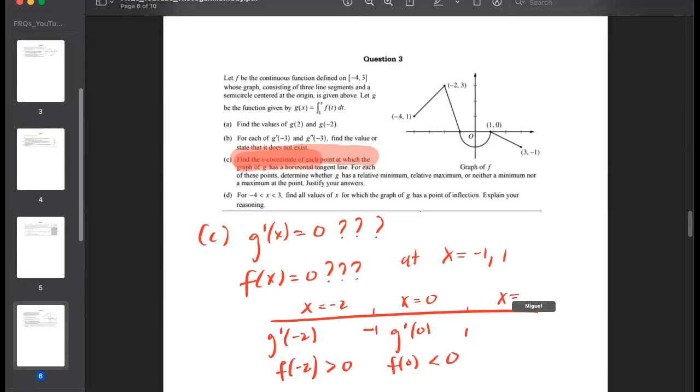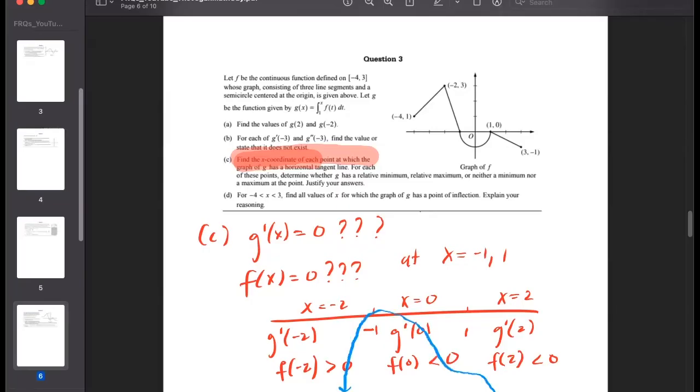And then to the right, I'm going to plug in 2. I'm looking for G prime of 2, which is the same thing as f of 2, and on the graph, this is negative. So it looks like G is increasing, decreasing, and then just continues to decrease again.